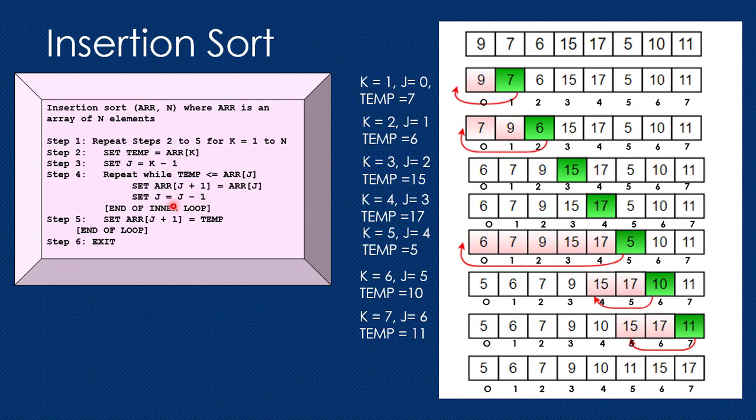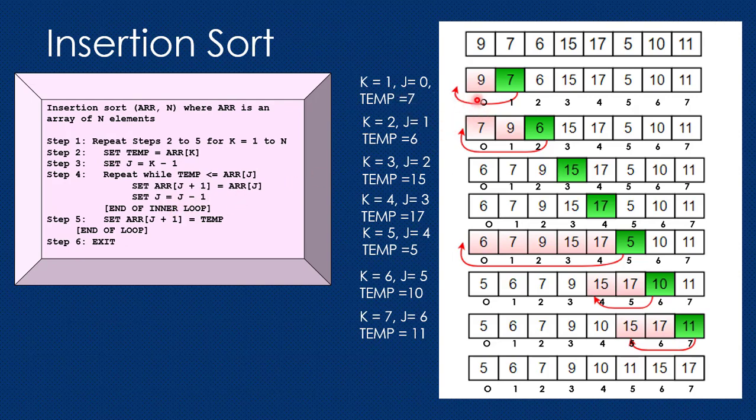In that case, we are going to move this 9 one index to the right, replacing this 7 by 9. So AR of j plus 1 is equal to AR of j. In place of AR of j plus 1, we are going to put 9. And after that j is equal to j minus 1.